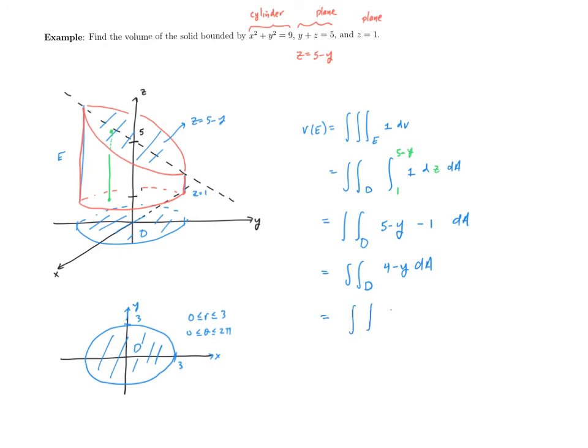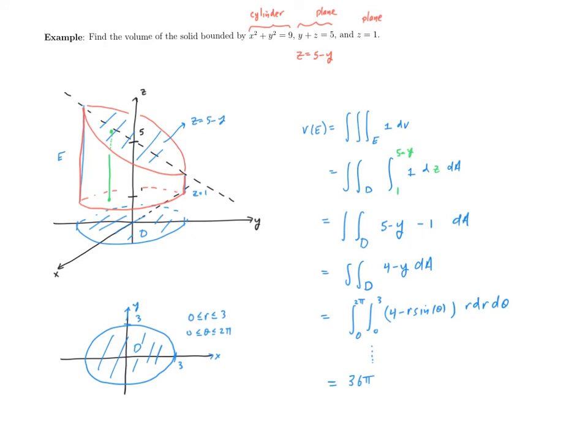So we would have 4 minus r sine theta, times r dr d theta, r on the inside from 0 to 3, theta on the outside from 0 to 2 pi. Leaving a few details to you, which you can hopefully work out fairly quickly, you should end up with a volume of 36 pi.